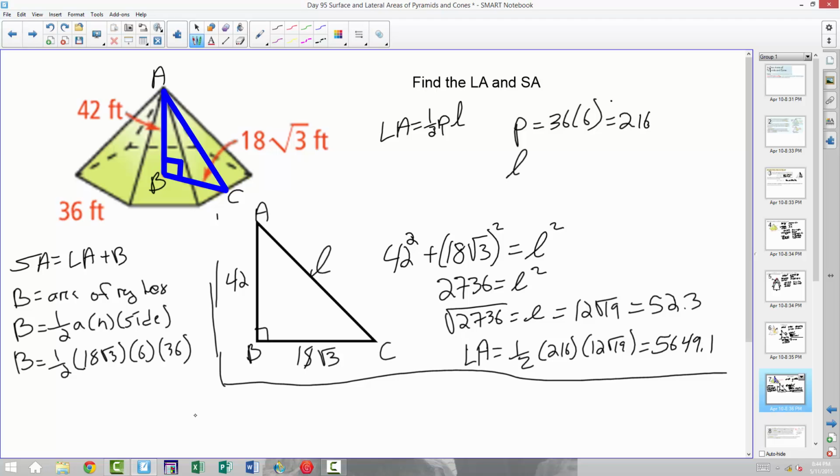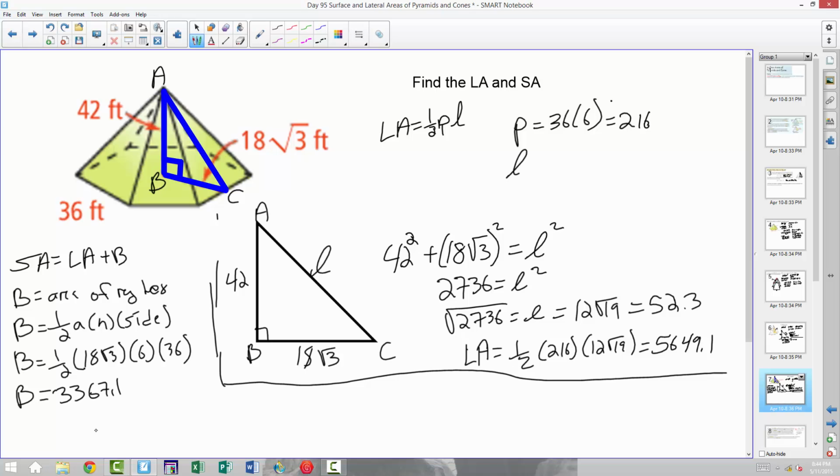So my capital B is a half times 6 times 36 times 18 radical 3. So capital B is 3367.1.